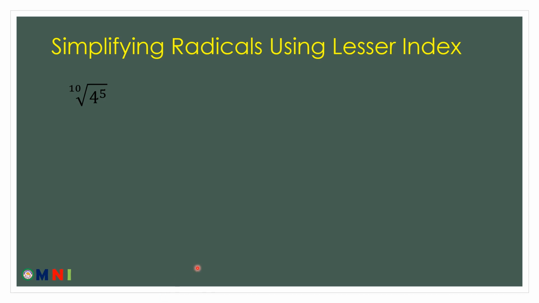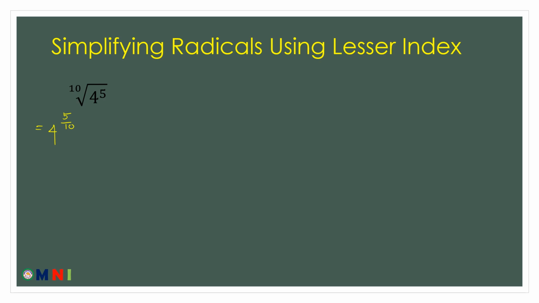So the first step that we are going to do here is to write the given radical in exponential form. So we have here 4 raised to the power of 5/10. Now this is the power over root.